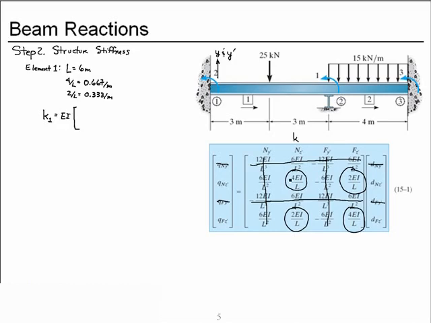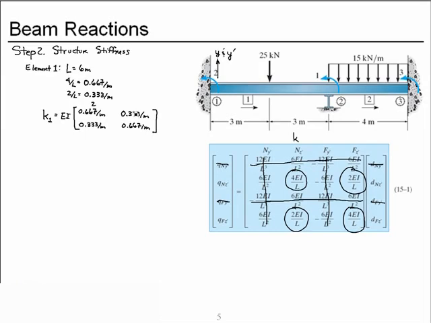We have 4 EI over L, which is 0.667 per meter times the EI, 2 EI over L, 0.333 EI per meter, the 2 EI over L, and 4 EI over L. Now this refers to the near node rotation, and so that's degree of freedom 2, the way we have it labeled for this beam.